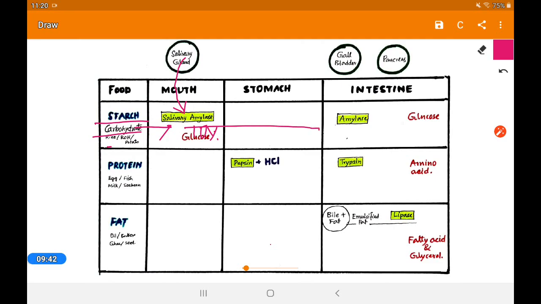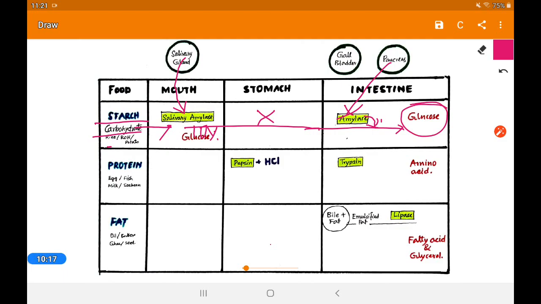The remaining goes inside the stomach, but there is no starch breaking enzyme found in the stomach, so it goes into the intestine. From the pancreas, the pancreas secretes amylase. This amylase acts upon the rest of the food material which has not been converted into glucose, and ultimately the glucose will form.